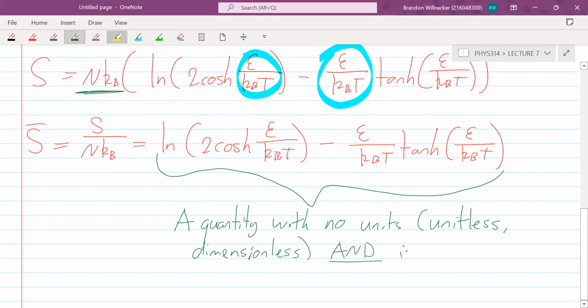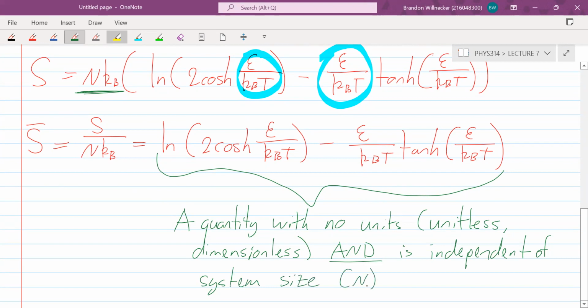And it is independent of system size because we divided by the system size, which was N. So if you have a spin system with 2 particles or 2 million particles, this term on the right here doesn't depend on how many you have and is independent of system size.